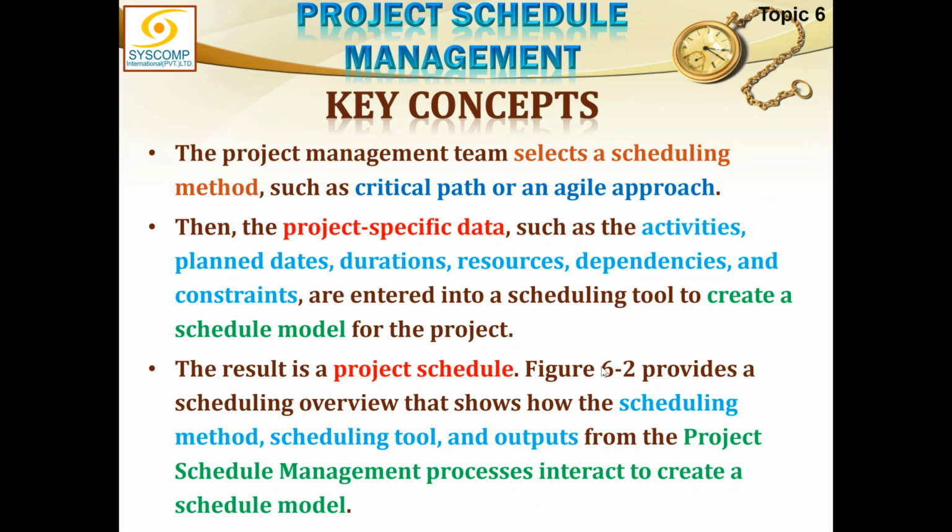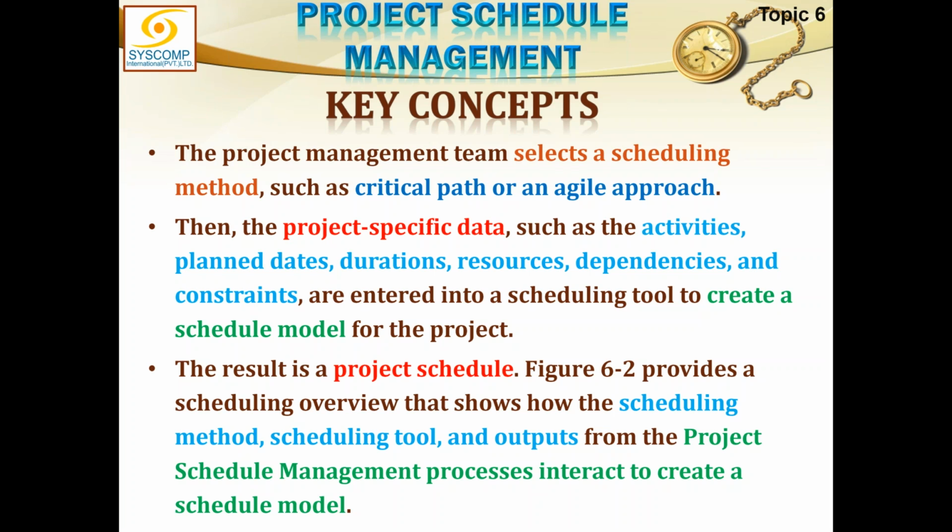Right. So I was talking about the project specific data. This is the project specific data: the activities, the milestones, the activity attributes, the sequences, the network diagram, the resources, resource estimates, cost estimates, duration estimates, their dependencies and constraints, and everything all put together.